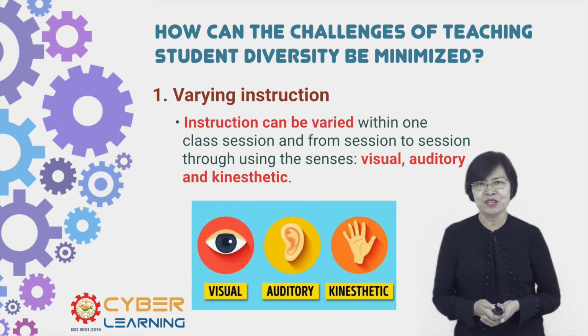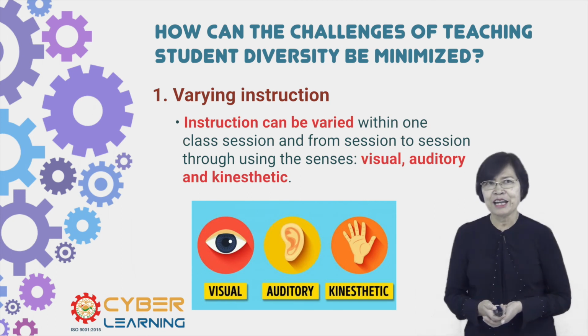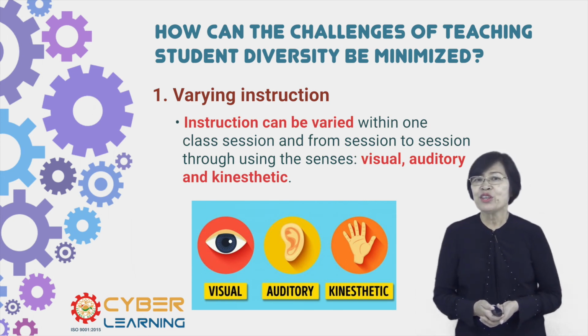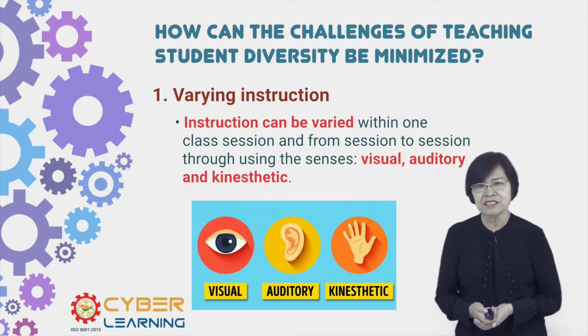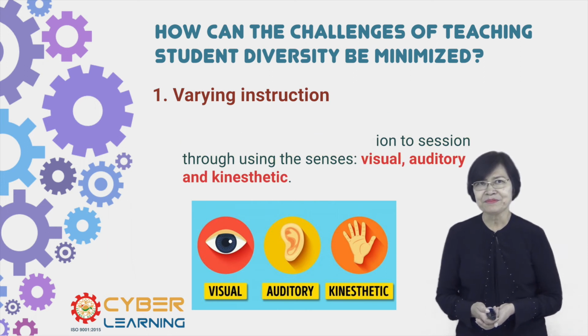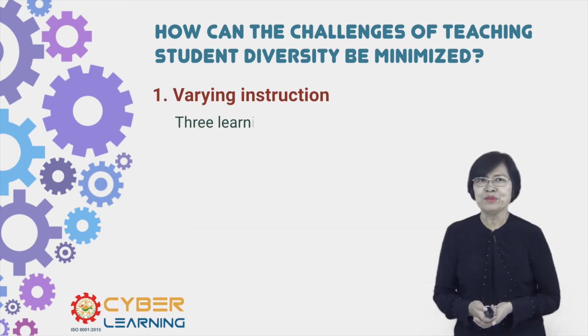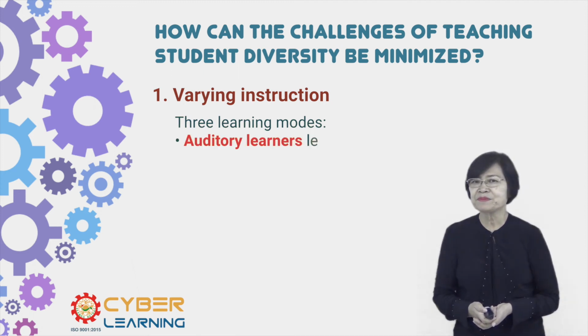Instruction can be varied within the class session and from session to session through using the senses, the visual, auditory, and kinesthetic senses. Let us review the 3 learning senses or learning modes first. Auditory.